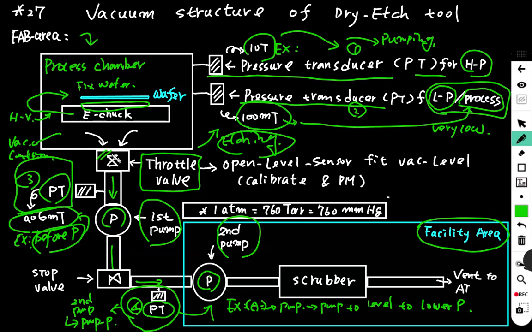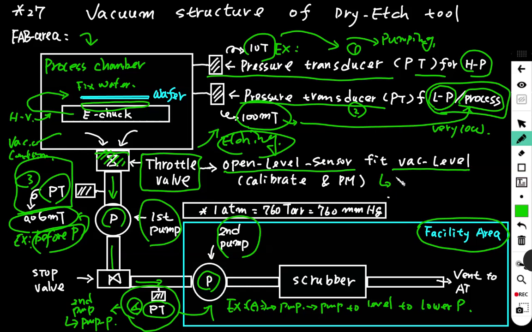And the release valve, the throttle valve, is very important. Some call it APC, some call it gate control valve, some call it throttle valve. It is controlled to an open level detected by a sensor, and the open level sensor has to fit the vacuum level sensor.